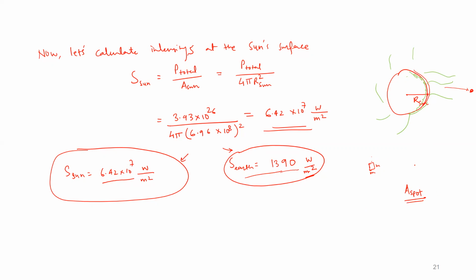Let's say that area is circular with a radius r of about 0.5 millimeter. So it's not a meter square, it's a millimeter square area. Imagine the sun is right here. We'll take an example right here. Just give me a moment.